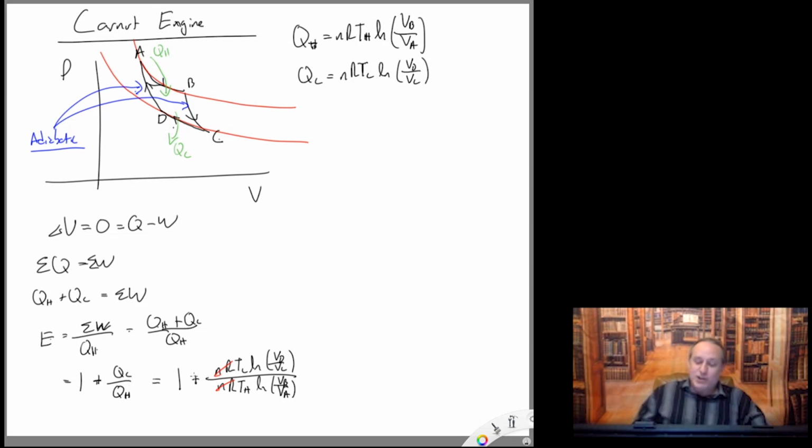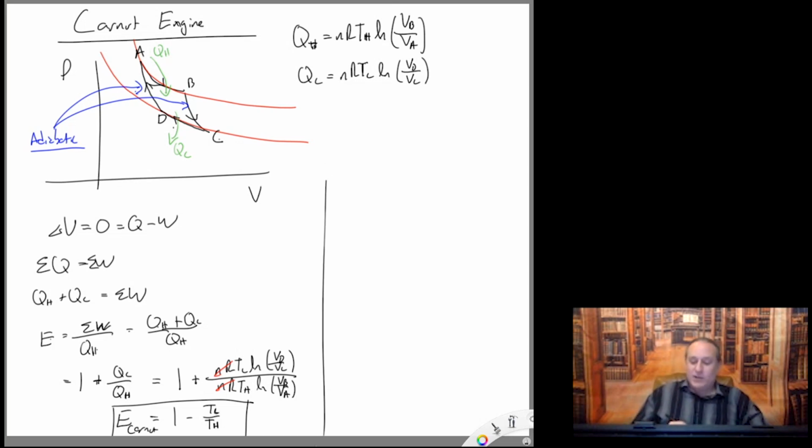Now, the last thing for me to show is that this ratio of the natural logs actually just turns out to be -1. Okay? So that our final answer is going to be 1 minus TC over TH. Okay, that's what I'm going to prove to you. But it takes a little doing to prove how those ratios are related, okay?